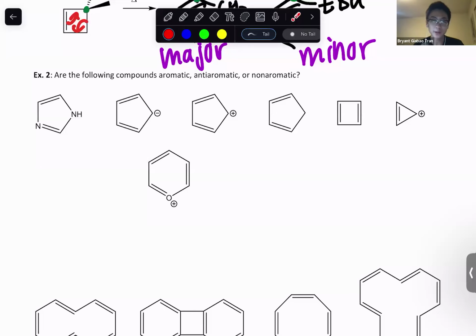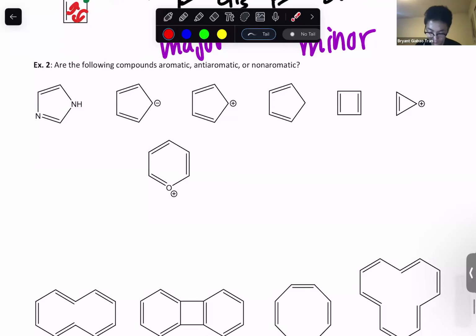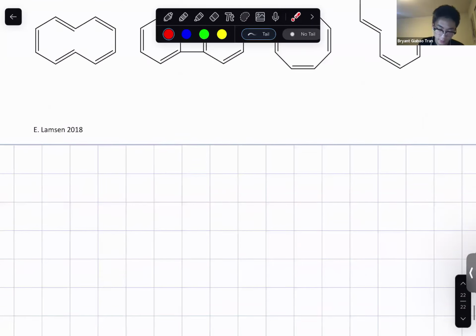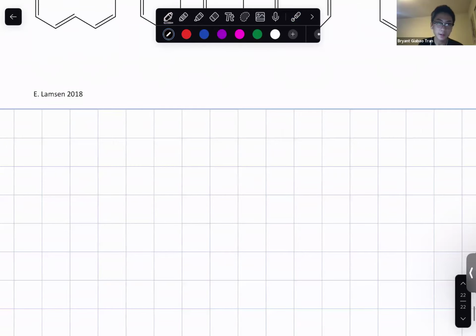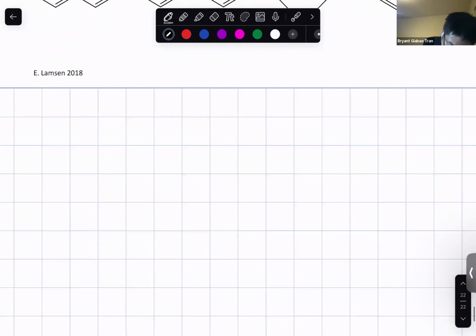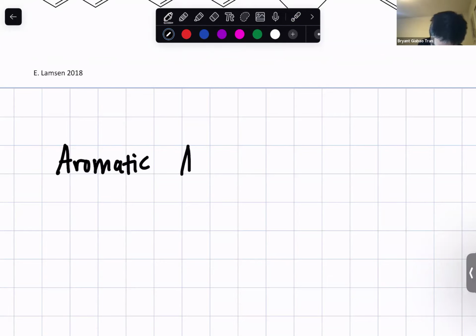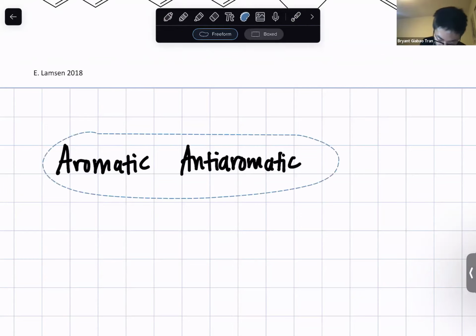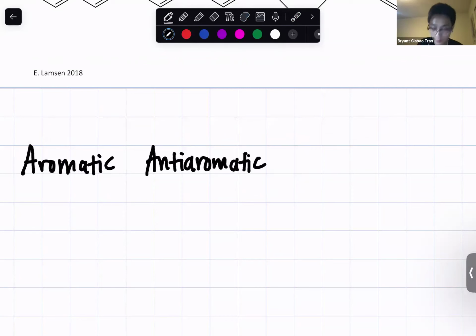Okay, so right here, we're going to use another useful table. There are going to be three different categories: aromatic, anti-aromatic, and non-aromatic.